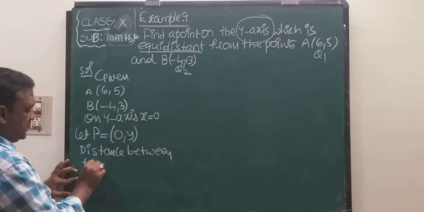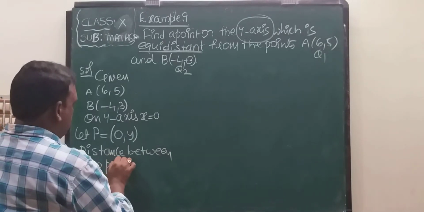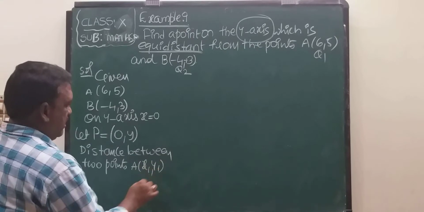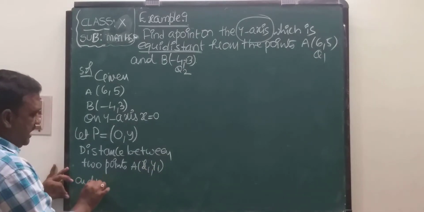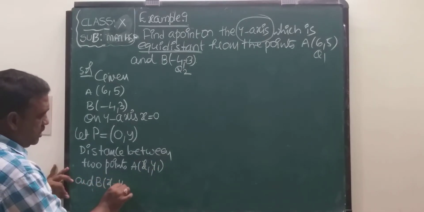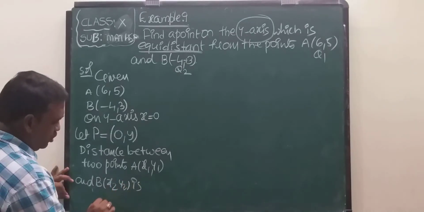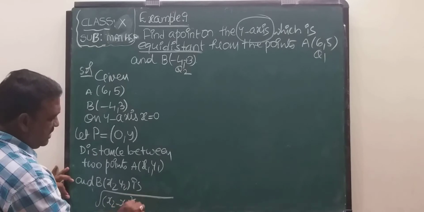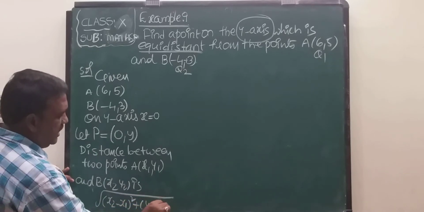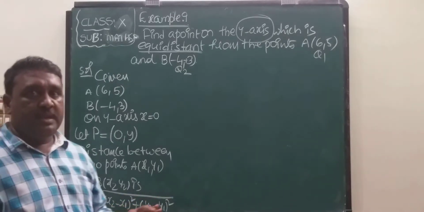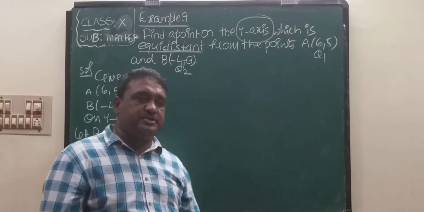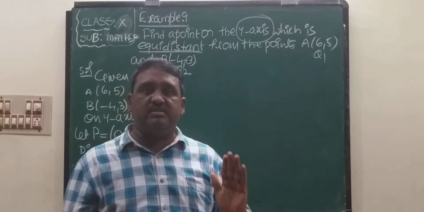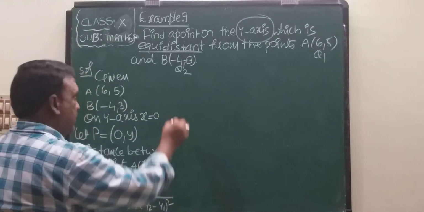Distance between 2 points (x1, y1) and (x2, y2) is root of (x2 minus x1) whole square plus (y2 minus y1) whole square.